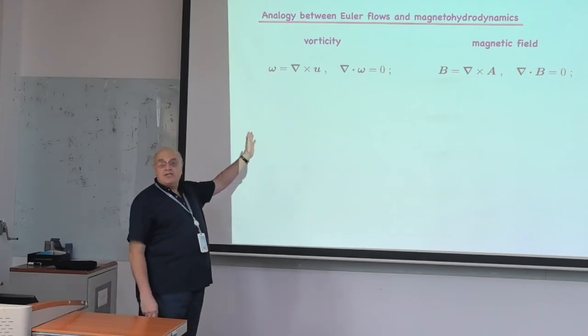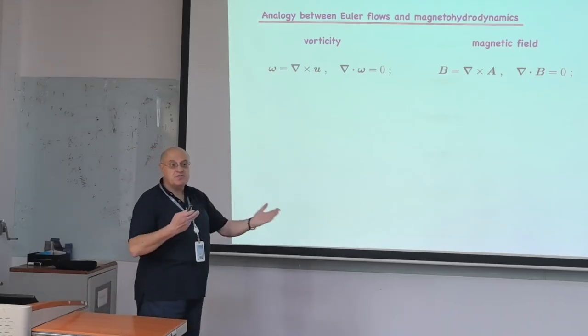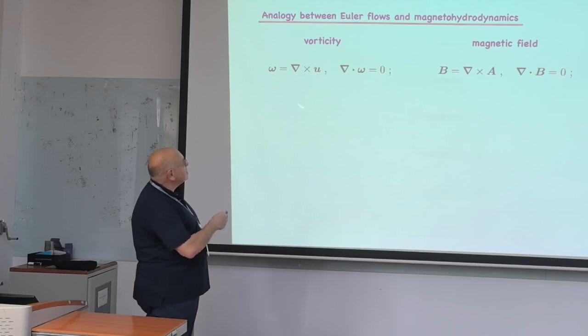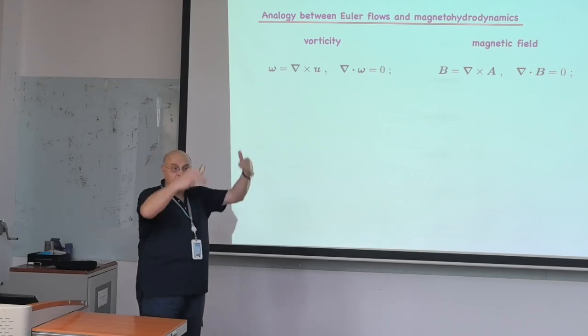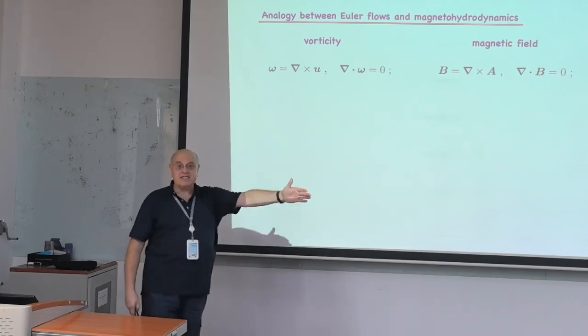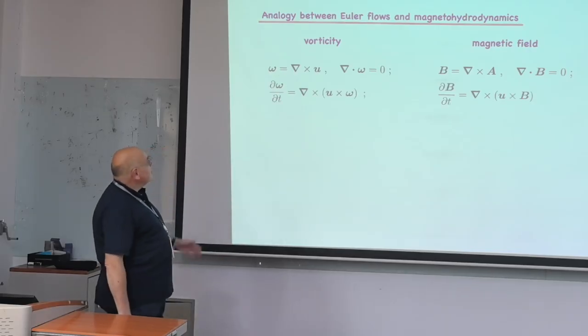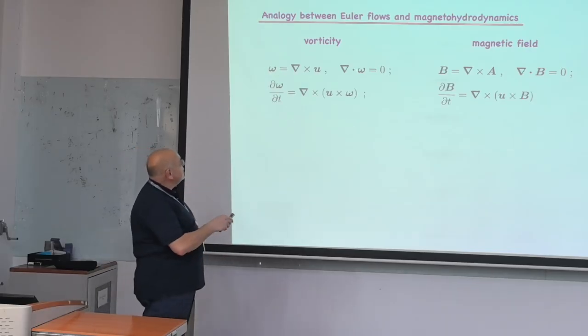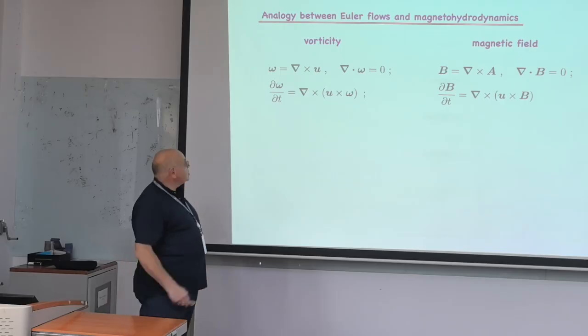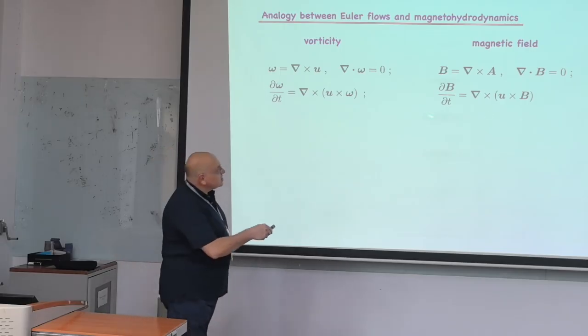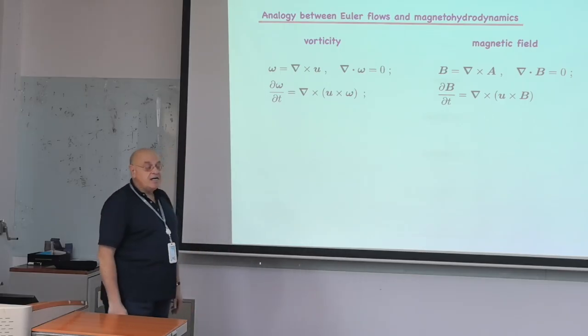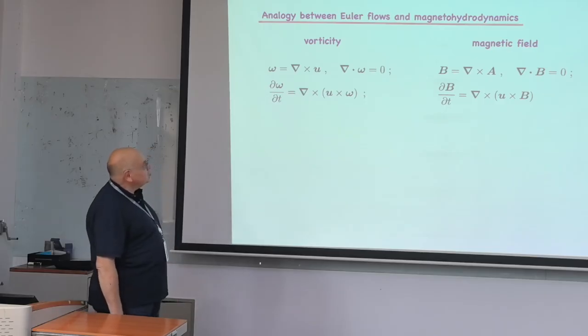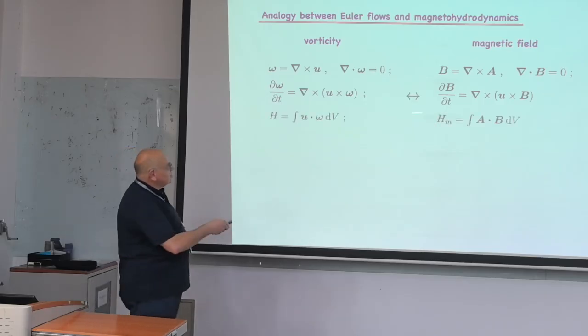Now, we talked about these two fields and the correspondence between them, the vorticity and the magnetic field, that generates one kinetic helicity, the other magnetic helicity. These are the equations. This is what we call the Helmholtz equation for the transport of vorticity. This is the magnetic correspondence due to Faraday. And these are the definitions.